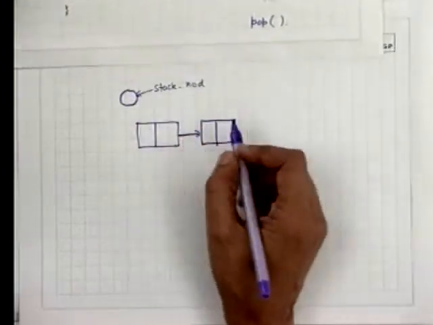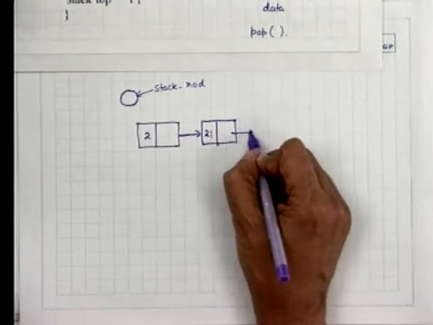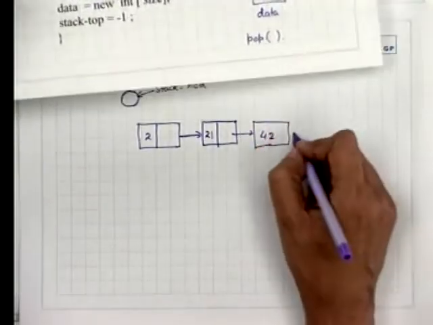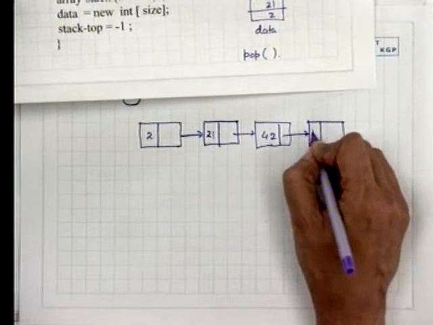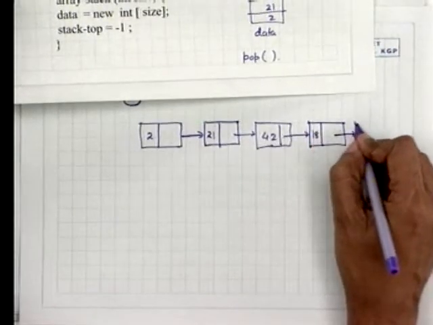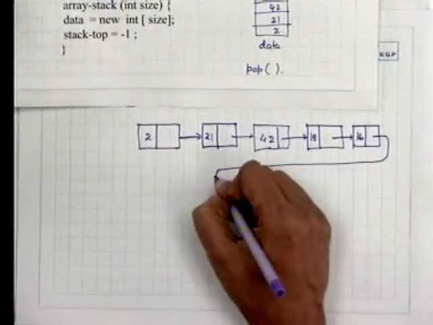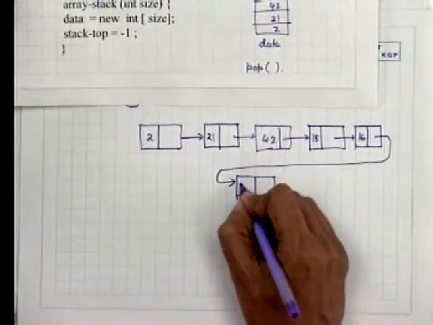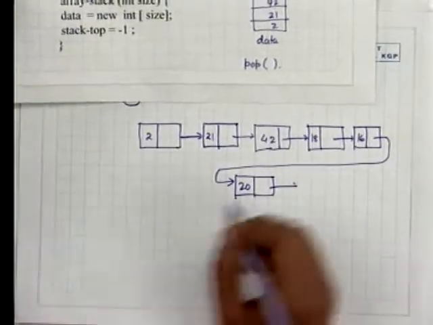For example, the same stack could have been implemented this way: 2, 21, 42, 18, 16, 20, and now nothing is there at the moment.